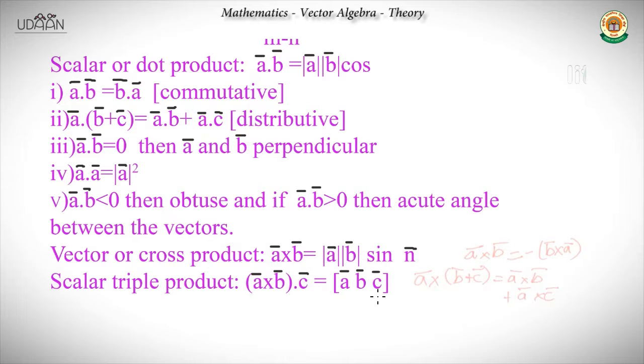It is denoted by box of a bar, b bar, c bar, that is the determinant with rows a1, a2, a3, b1, b2, b3, c1, c2, c3, where a1, a2, a3, b1, b2, b3, c1, c2, c3 are their i, j and k components.